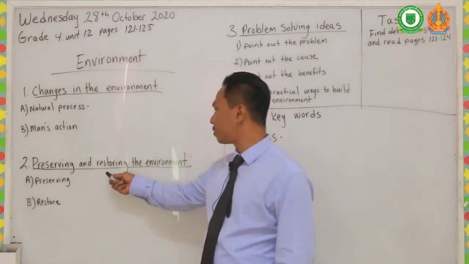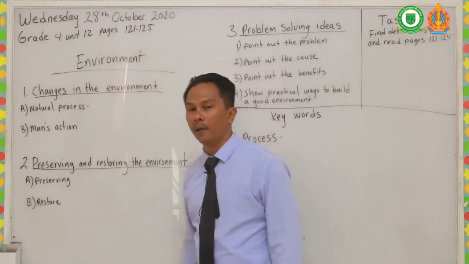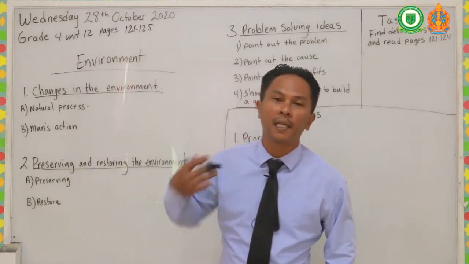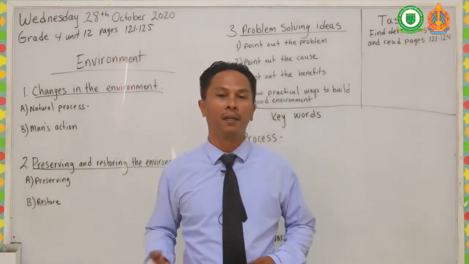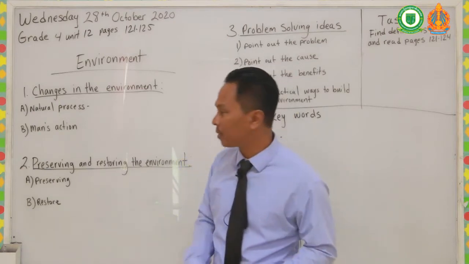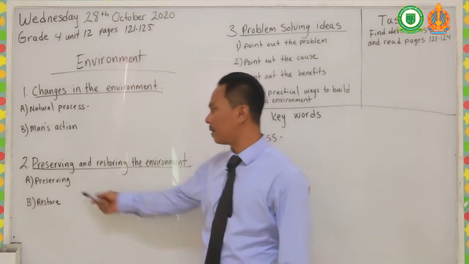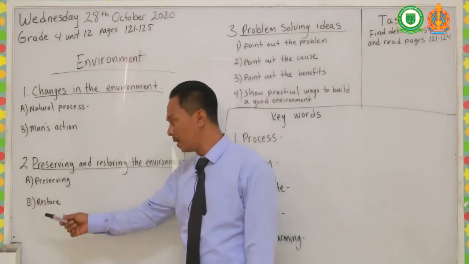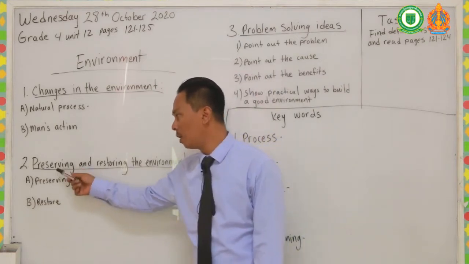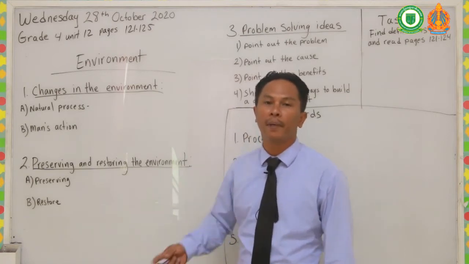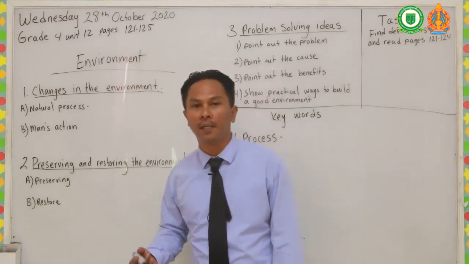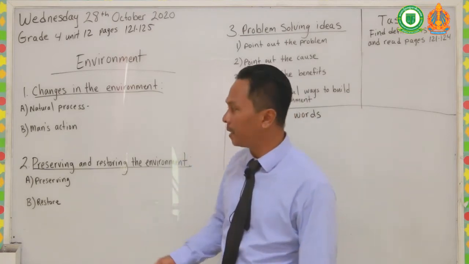Okay, now restoring, to restore. Restore is to put things back to how they used to be, or even better. So preserving and restoring the environment, there are two things. This is how we can help our environment to get back to how it used to be, to keep our environment clean, okay?